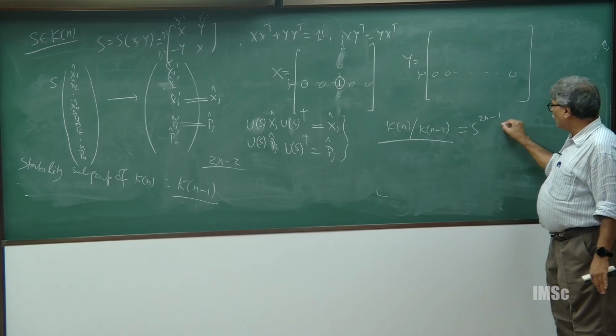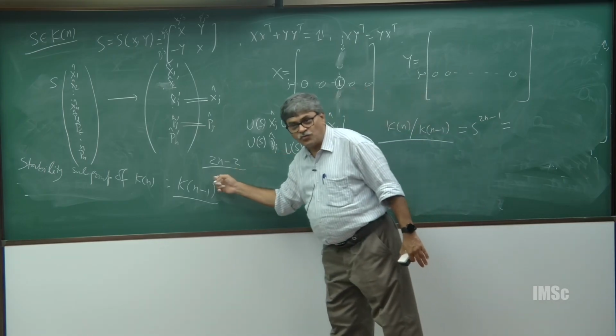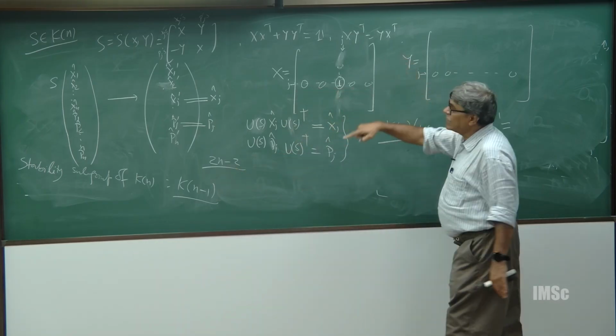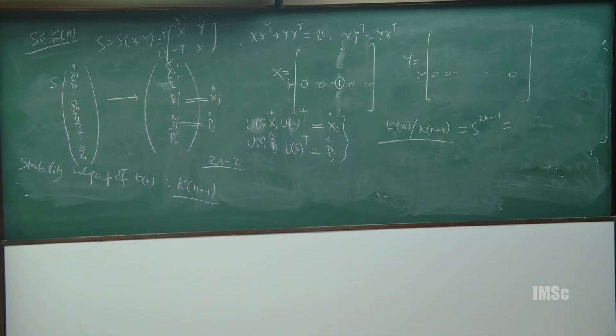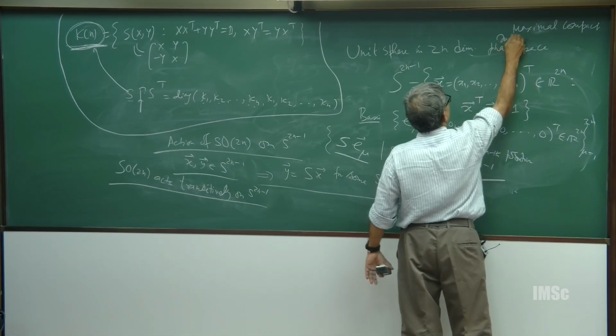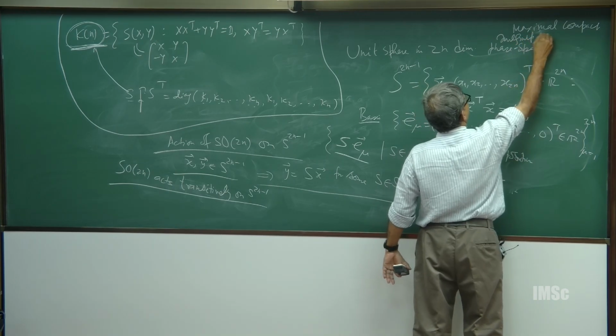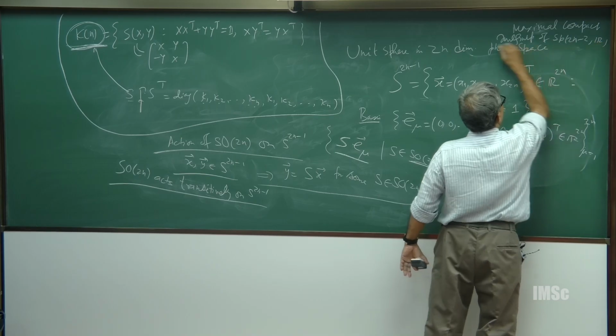In fact, you can also prove that because we are dealing with this 2n minus 2, again as earlier I said, the generators of the maximal compact subgroup of now Sp 2n minus 2 and R, and what is that?